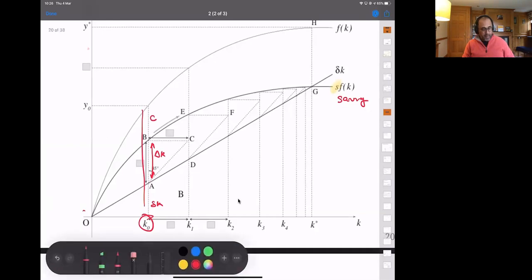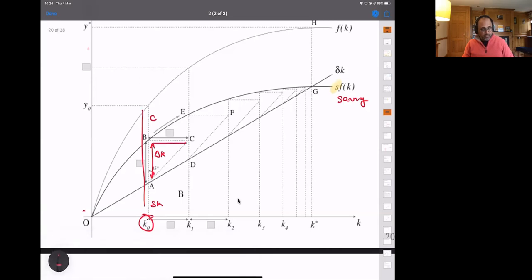Now, we're drawing a triangle so that the two sides are equal. That's what the triangle would look like.